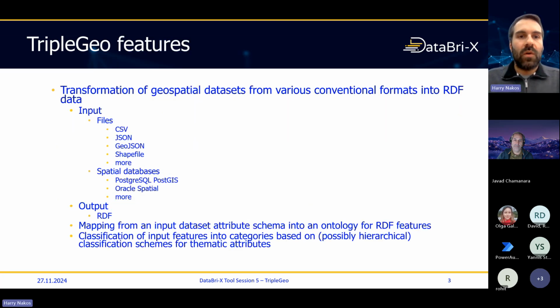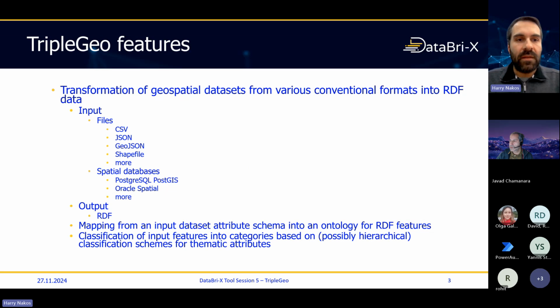What does TripleGEO work on? And what functionalities does it have? The main feature of TripleGEO is transformation from geospatial datasets from various formats into RDF. Also, it is able to do the reverse transformation from RDF to de facto conventional formats for geospatial data.